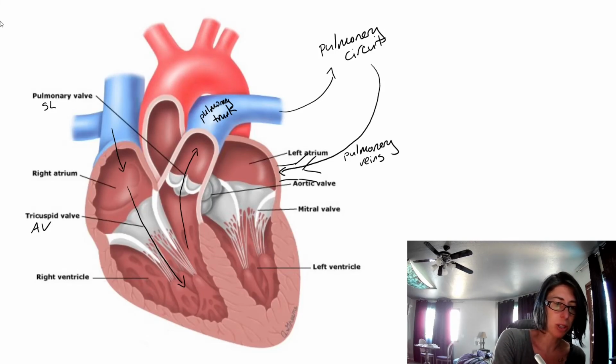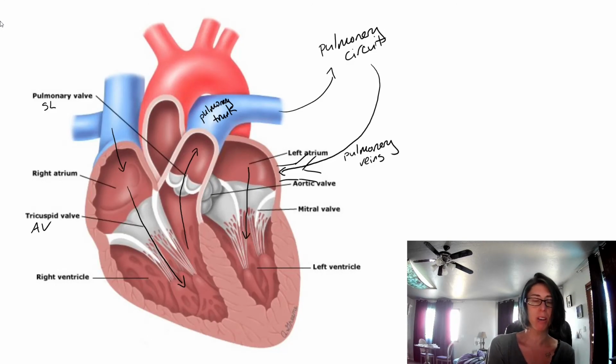The left atrium contracts, pushes open the mitral valve, also known as the bicuspid valve, which is another atrioventricular valve between the atria and the ventricles. Then the atrium relaxes, and the left ventricle squeezes, contracts.